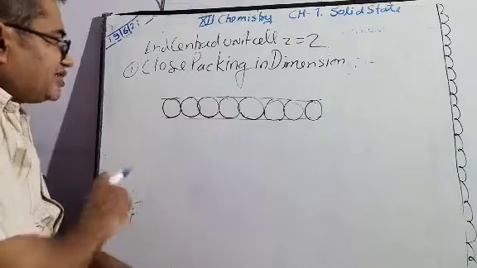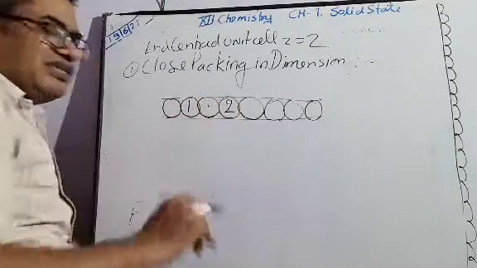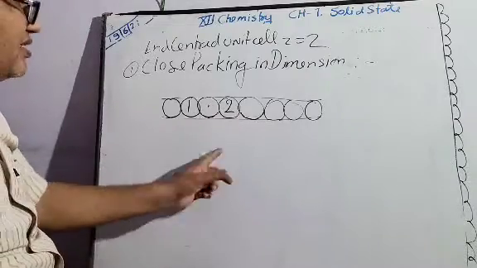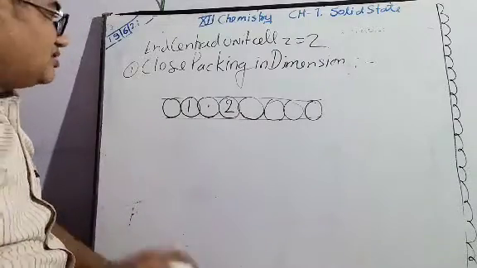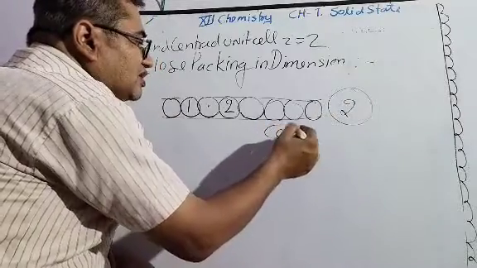In this one dimension closed packing, we observe 2 neighboring atoms. The total number of neighboring atoms in one dimension is the coordination number.